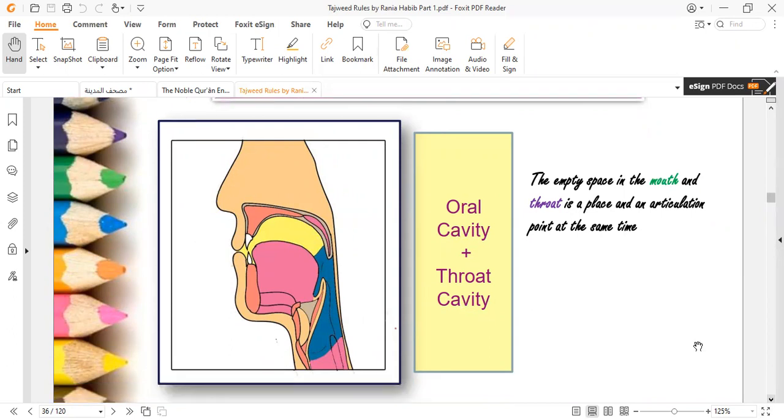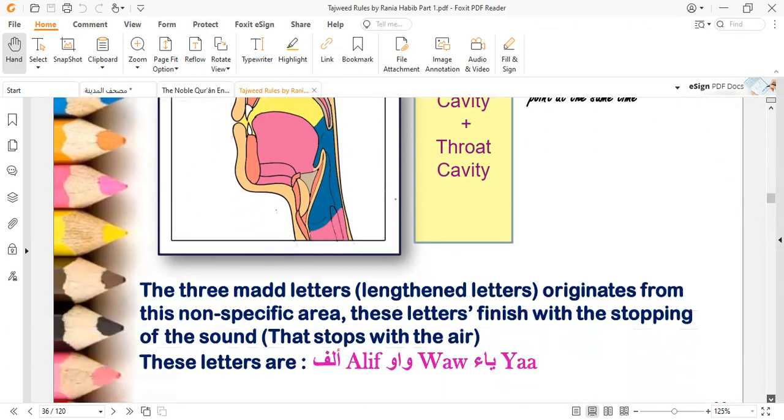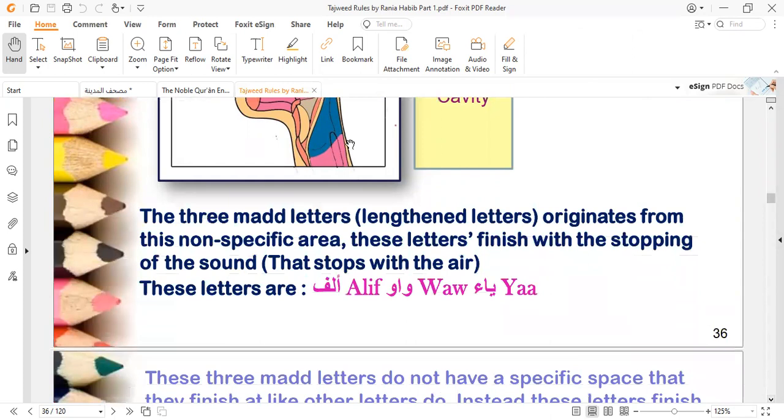So we cannot say that we articulate alif, for example, from a specific point in it. No, the sound just fills the whole area. Also waw mad and ya mad. So from this area, which is al-jawf, the 3 mad letters, the lengthened letters, originate from this non-specific area. It means non-specific points in it.